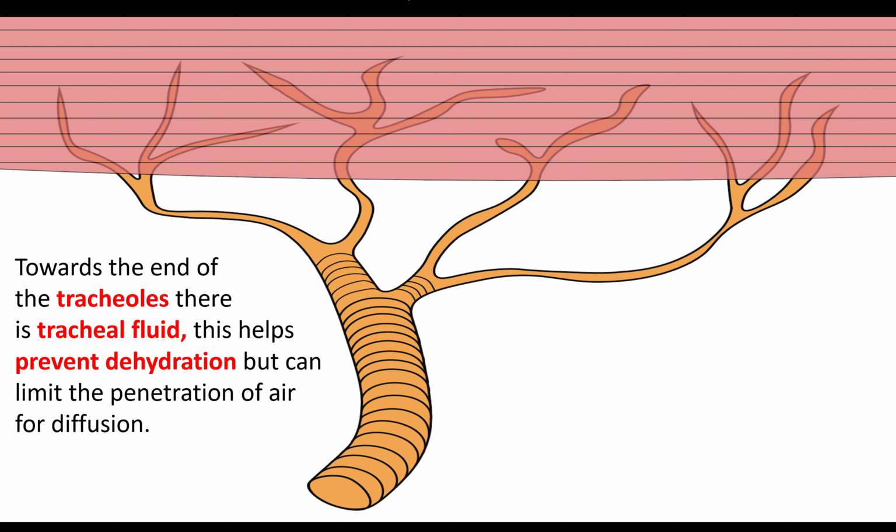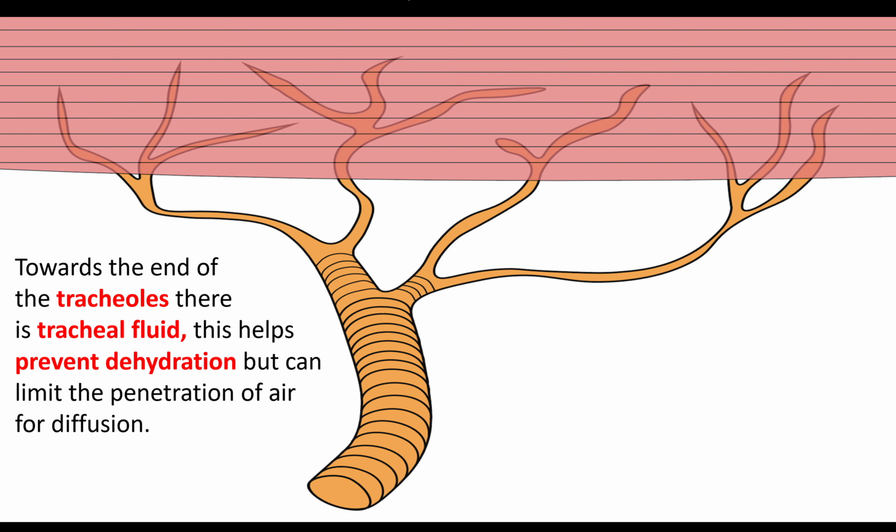So towards the end of the tracheoles, to prevent dehydration of the cells, there is a tracheal fluid. However, a fluid is obviously going to limit the penetration of air for diffusion. The fact that the tracheoles go in between individual cells maximizes the surface area for diffusion to occur, but this fluid will divert the gases to only the areas where they can diffuse.